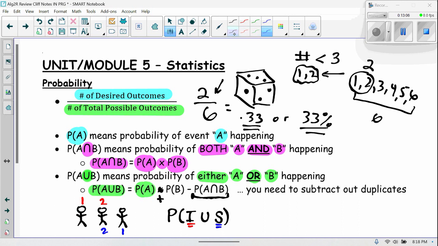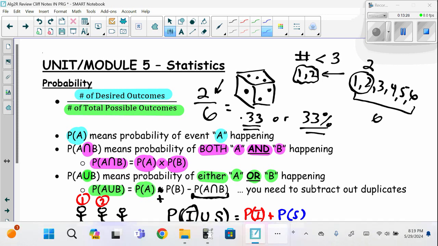So if I were to do this, how many play the instrument in red? 2 of them do. 1, 2. So that's the probability of the instrument, which is 2. I add that to the probability of them playing sports. Again, there's 2 of them that play sports. If I don't subtract out and I just stop there, that's 4.